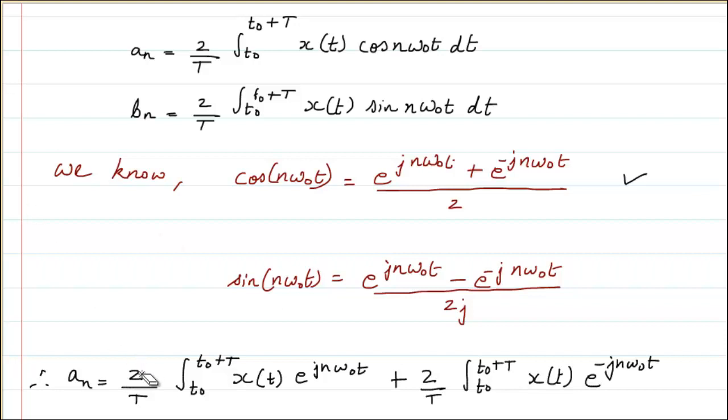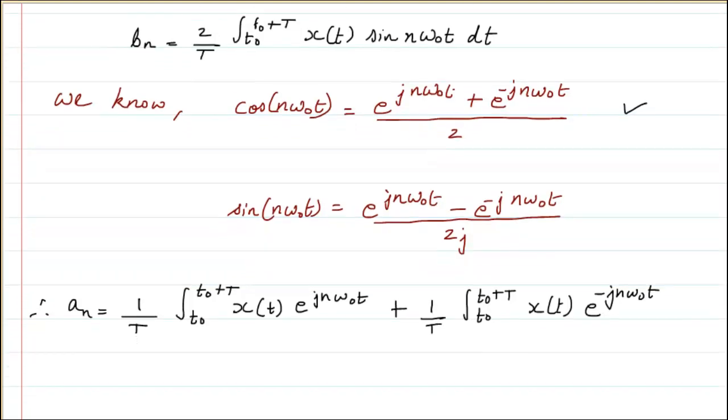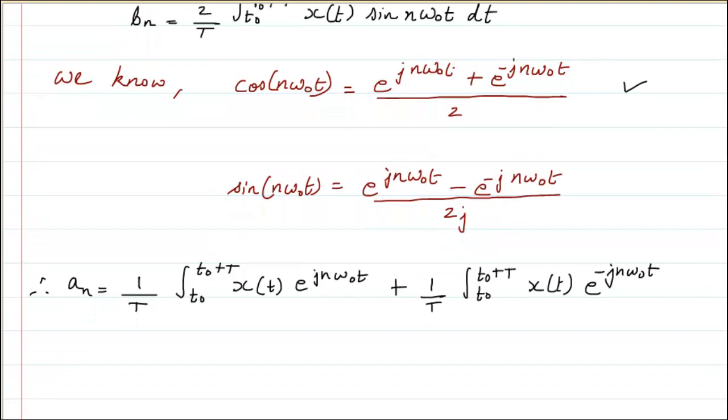I will cancel off these two 2's, and I will get 1 and 1 here. Clear? So now I have got a new form of a of n.